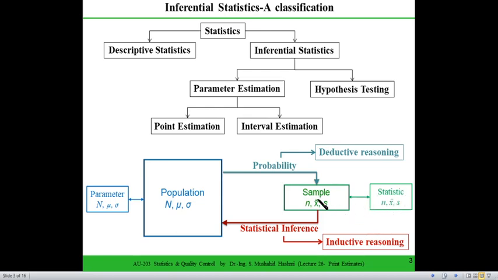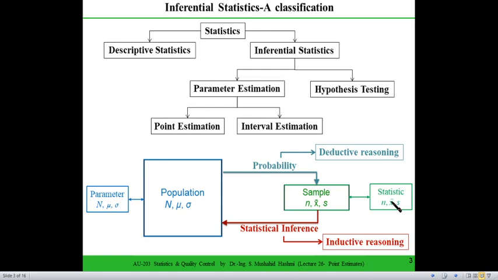So statistics are always taken from the samples. In inferential statistics, what you do is predict the behavior of the population using a sample. So from specific information that you get from the sample, you predict a general theory, or you predict something about a population.